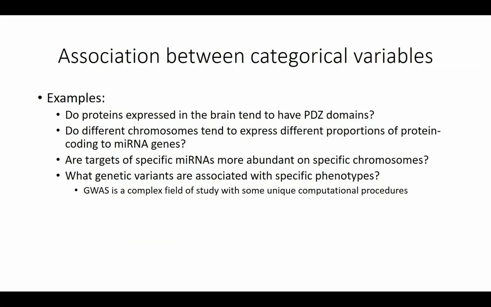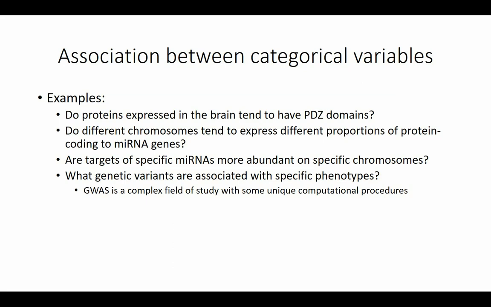So some examples for categorical versus categorical association tests. For example, we might want to test whether proteins expressed in the brain tend to have PDZ domains. In this case, it's more obvious that we deal with 2 categorical variables.